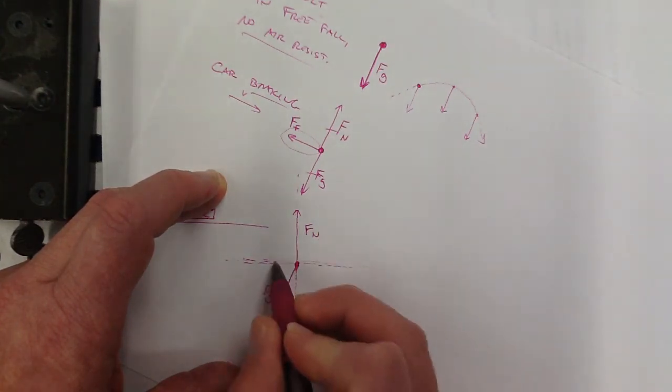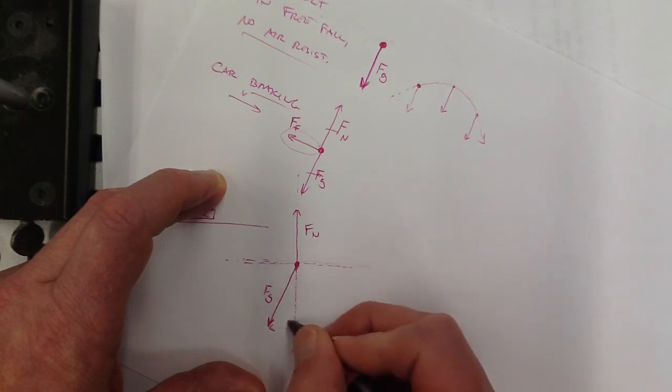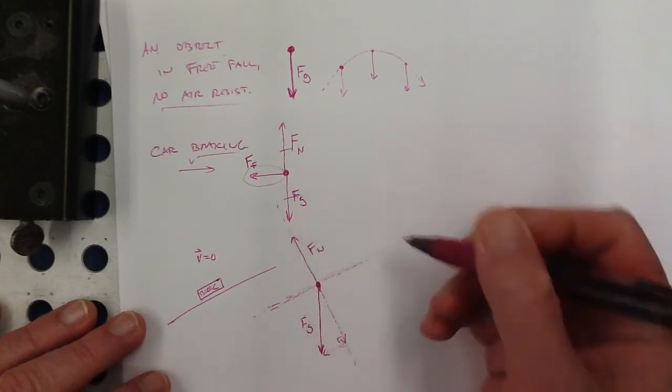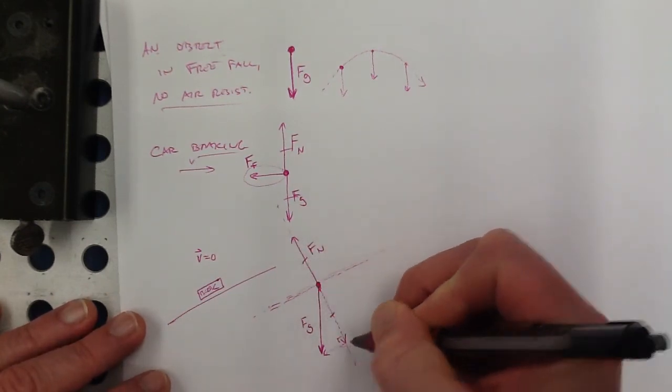Notice that this is parallel to, I'm not going down here and over. This is the hypotenuse. This is a right angle. Then the support force must be balancing this part of the gravitational force.